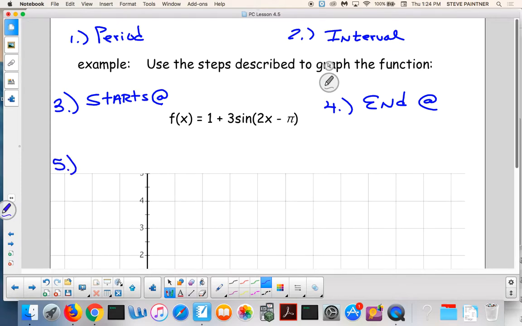Fifth thing, what's the d value? What's d? Remember d is up or down. That's what d stands for. And then 6 would be, what's the amplitude? Okay. See if you can figure that out. Once we get that all figured out, we'll graph it.